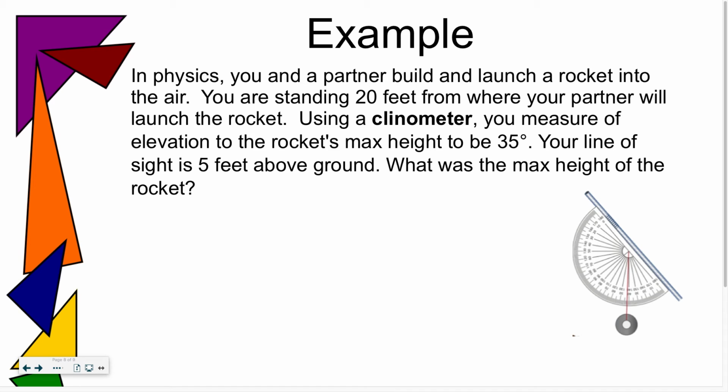I would say everybody can probably do this from geometry. You solved problems like this before. Let me know if you guys need some help trying to draw the picture or the scenario based on what that clinometer is doing.